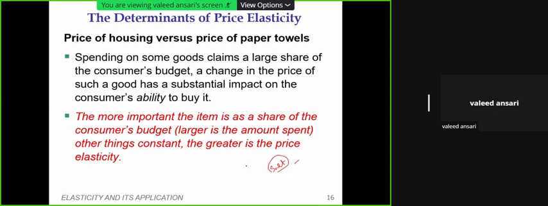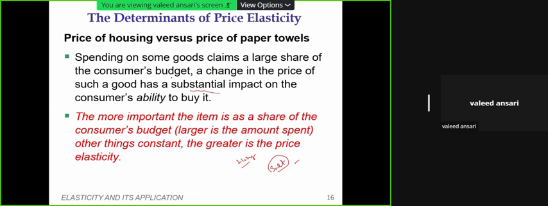But if the price of certain other items like housing has increased, because that uses a larger portion of the consumer's budget, therefore demand will be more sensitive. So the elasticity will be greater for goods which take away a greater proportion of the budget in comparison to other products.